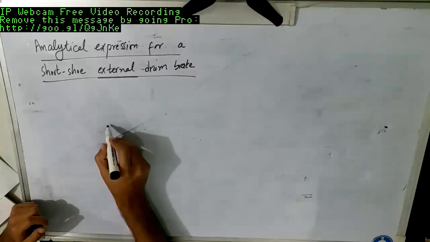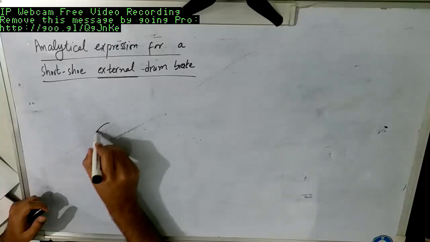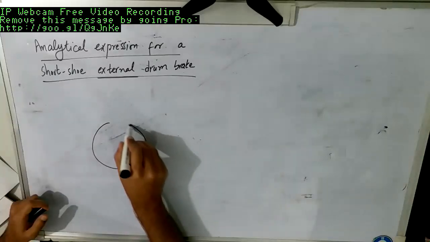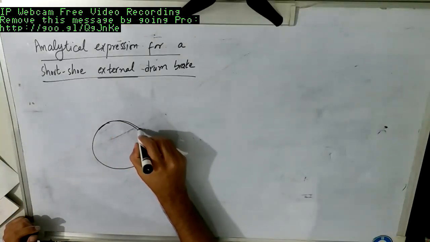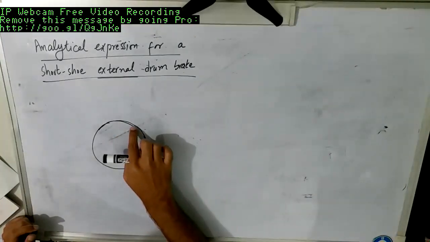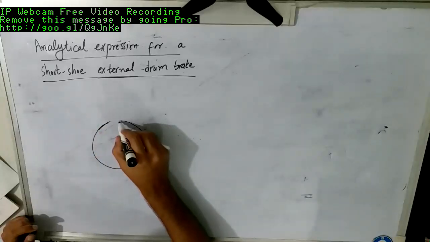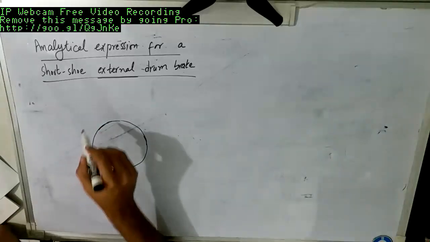So if I can draw a drum here, the drum is a circle, right?